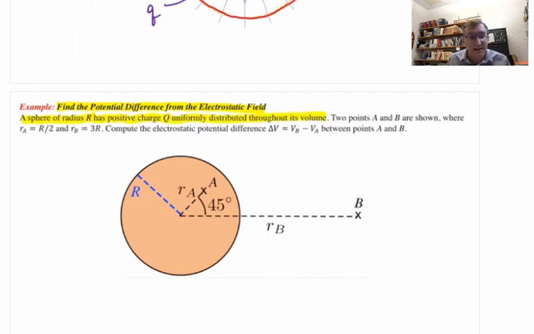It must be a non-conducting sphere. We've got two points, A and B. See them there? It's pretty clear where they are. They're marked with X's. There's point A, there's point B. The radial distance of point A from the center is half big R. And the radial distance of point B from the center is 3 times big R. We are to compute the electrostatic potential difference, delta V, equal to VB minus VA between those two points.